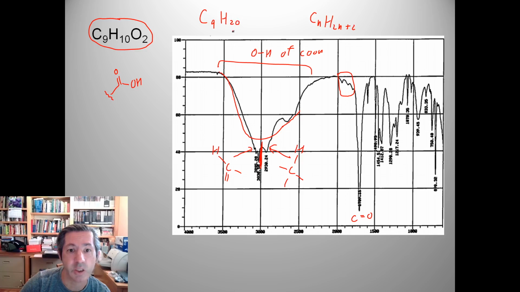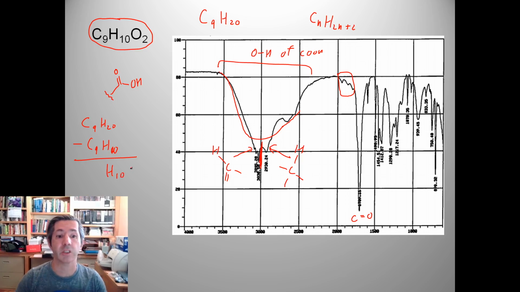We would expect to see 20 hydrogens here. We only have 10. So let's do a little bit of accounting. C9H20 minus C9H10. So that's what we have in our compound. This tells us we have a difference of 10 hydrogens.